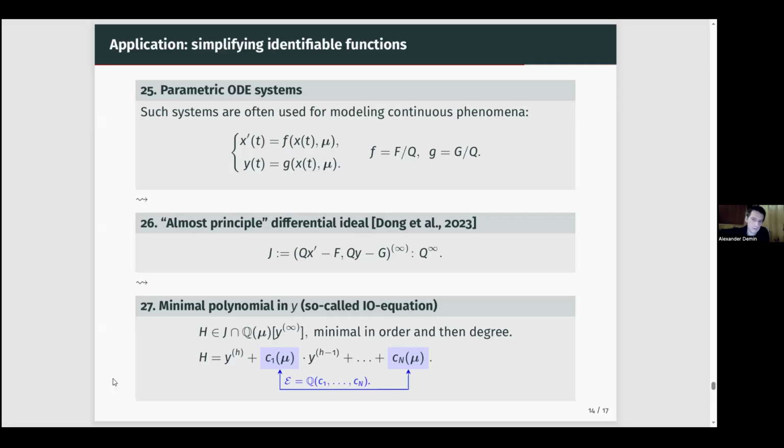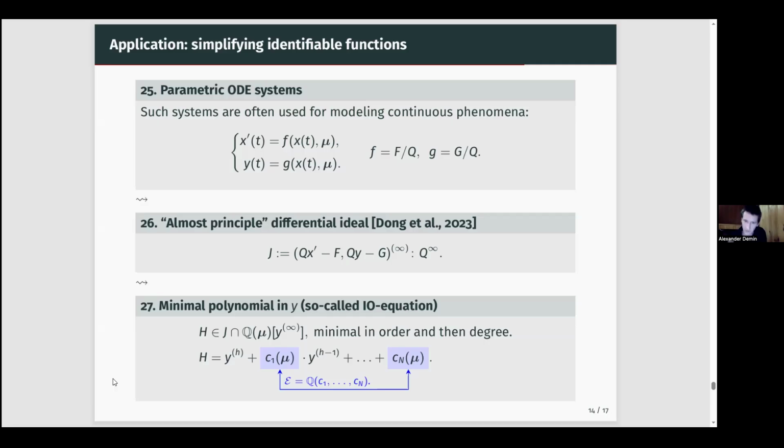Now, we know that the ideal generated by these combinations of the equations is almost principal. By almost, I mean that we can compute a minimal polynomial in variable y and its derivatives, but possibly we have discarded some saturation by some polynomial.